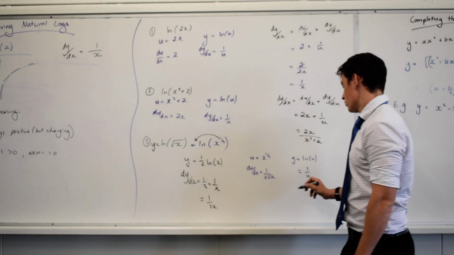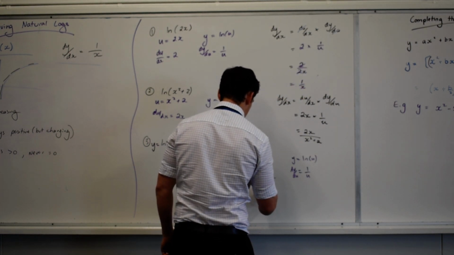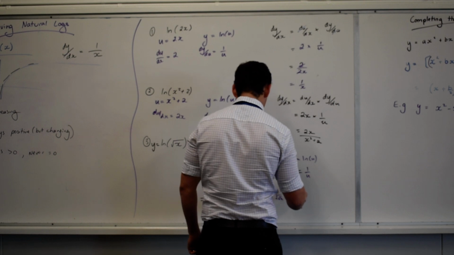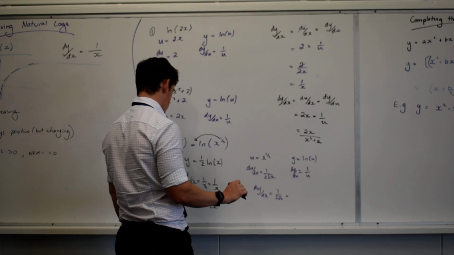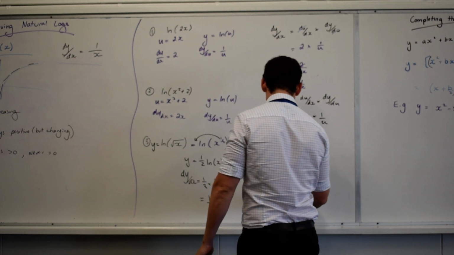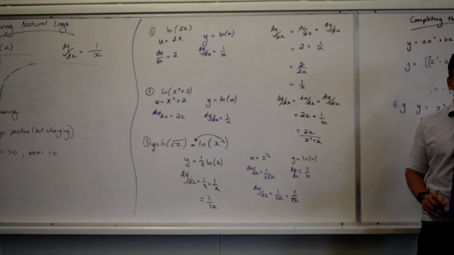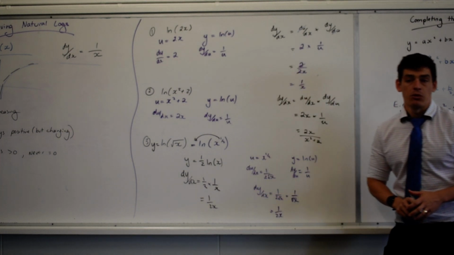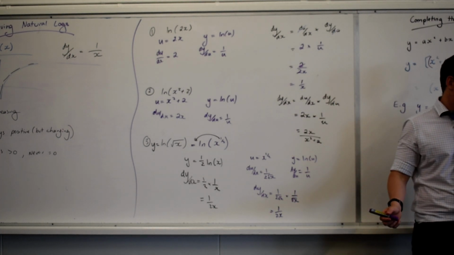So dy dx would equal 1 on 2 root x times 1 on u, which is 1 on root x. What's root x times root x on the bottom? So that would just equal 1 on 2x. Happy with that? Same result, just a little bit more working. Cool?